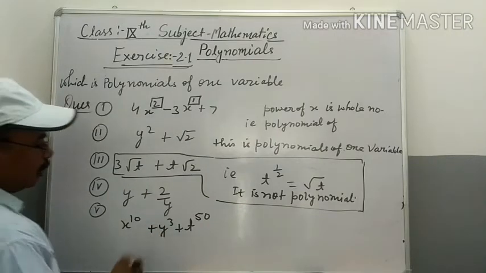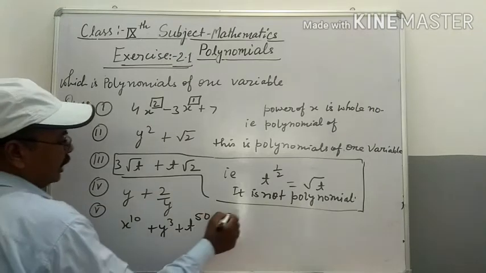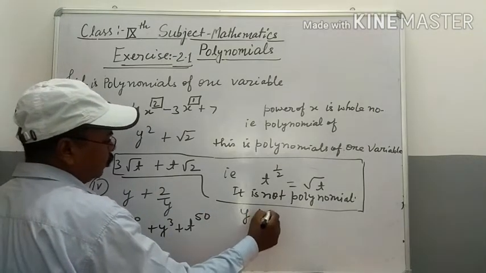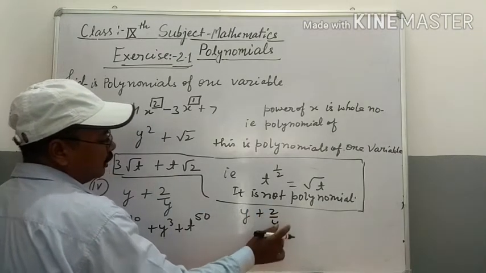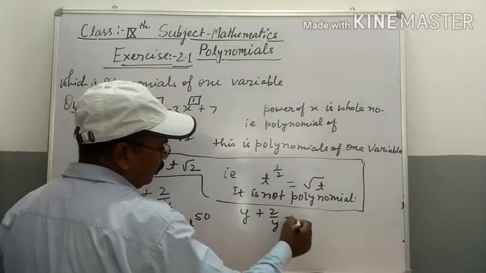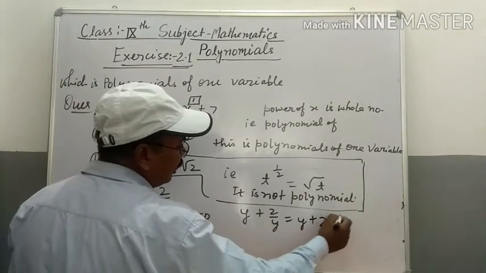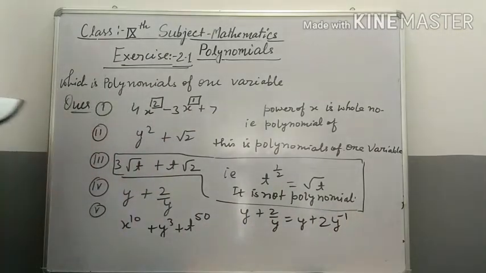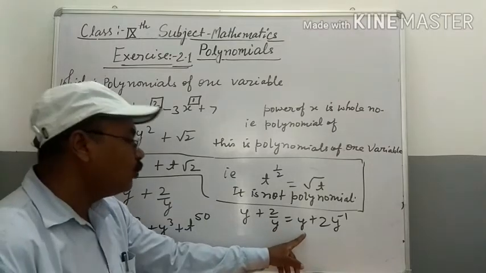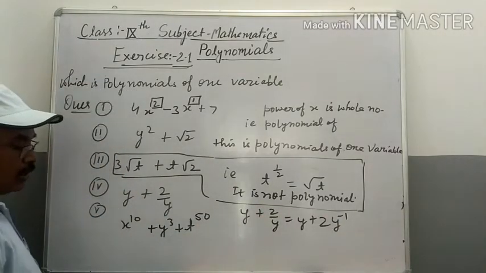And next one, students, the fourth, you can see, you can write y plus 2 upon y. That denominator you can change to y inverse, y to the power minus 1. You can write this as y plus 2y to the power minus 1.